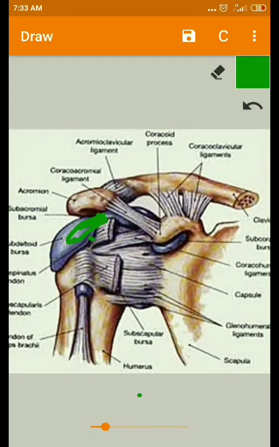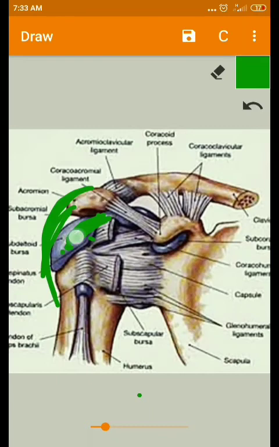So collectively they are called the subacromial bursa. You can talk about this bursa individually as the subacromial bursa below the acromion, and this one as the deltoid bursa. Here the deltoid muscle is present, and below this deltoid, the deltoid bursa is present.